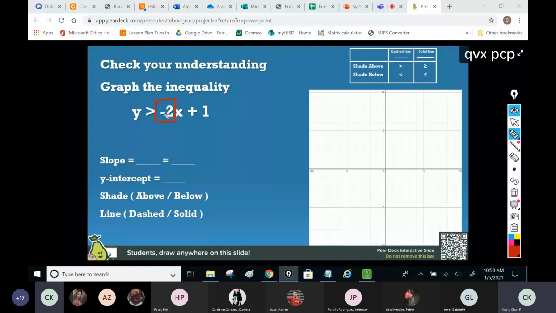So the negative sign right here is part of the slope. So the slope we're looking at is negative 2. Okay, very good. Thank you for correcting it. And x is not part of it, all right? So now you're going to put a divided by 1 under it. So now we know the rise and the run. So rise is negative 2, which means it is dropping down 2 units and then run across 1 unit.